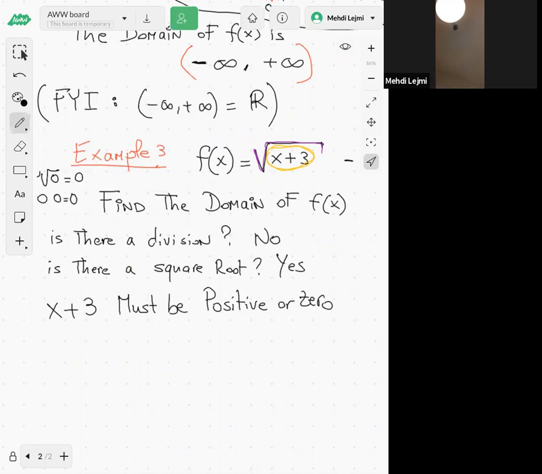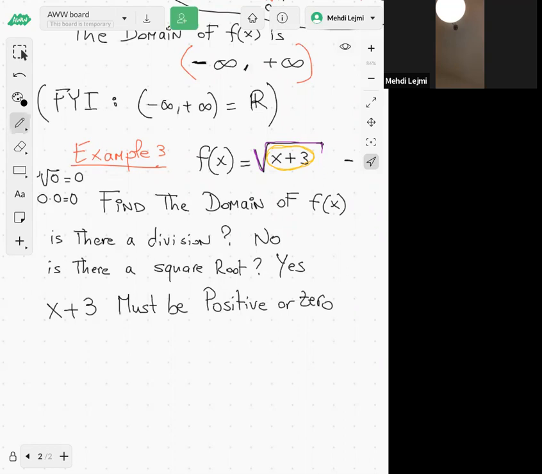Square root of 1, the square root of a positive number, it's fine. But the square root of a negative number, that's a problem. The square root of a negative number does not exist, unless, of course, you include the complex numbers, but that's another story.